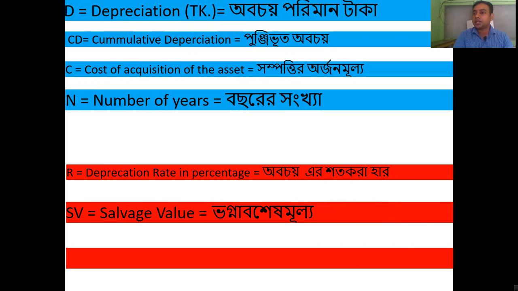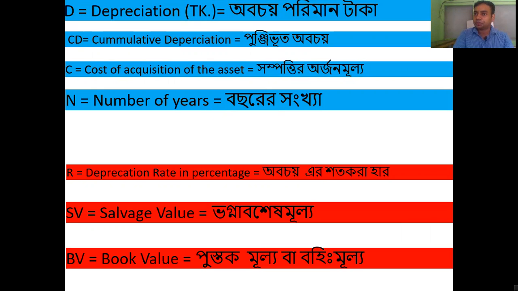SV for salvage value of the asset, that means the amount for which the asset could be sold at the end of maturity. And BV means book value. We know very well, book value means cost of acquisition of the asset minus cumulative depreciation.